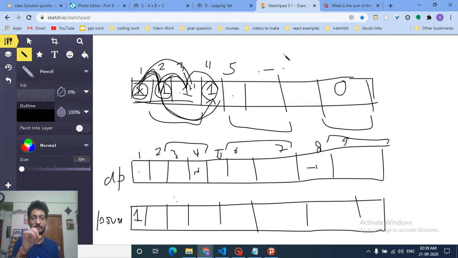Then I will update this state to all of the jumps I can do. So this dp will store what are the jump values I can do, like I can do a jump for 3 to 4, or like 6 to 7, 8 to 9. And the psum will store the current number of ways to reach this particular block.